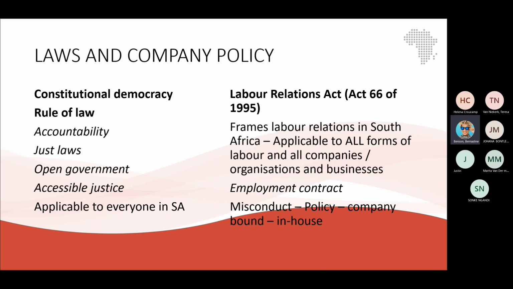I hope that you have read by now in your study guide that South Africa is a constitutional democracy. This means that the Constitution of South Africa is the highest law of the land. In other words, all the laws in South Africa are weighed against the Constitution.